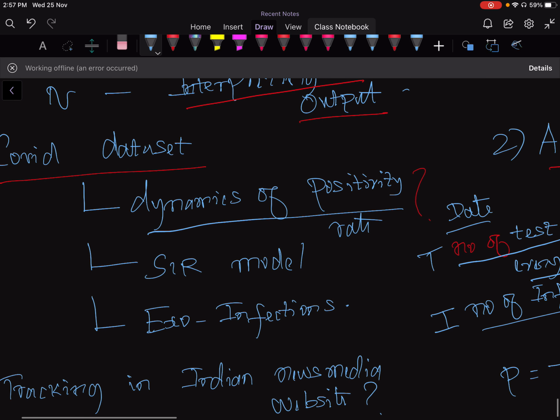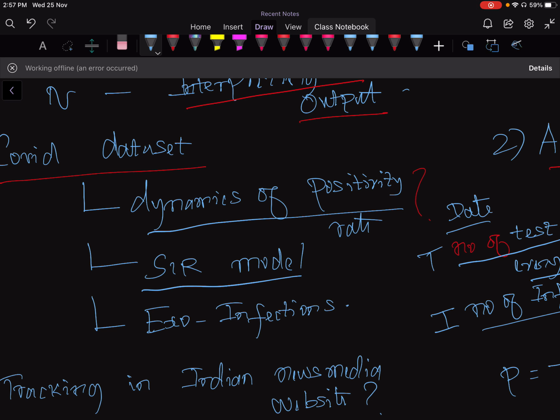The other one is you can do a SIR kind of model. The SIR model is a separate kind of model which is there in epidemiological study and in the information diffusion area, in which we look at how viruses propagate in the population, or how information is diffusing in the population.